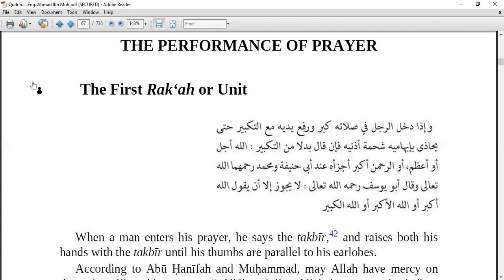In principle, this is true. When we have a hadith in which the Prophet ﷺ says something, it's applied to both men and women, but it only happens when you don't find other hadiths suggesting that there might be a distinction.